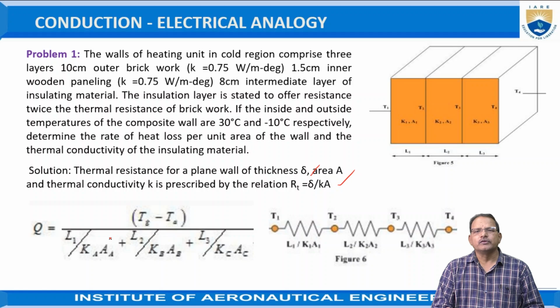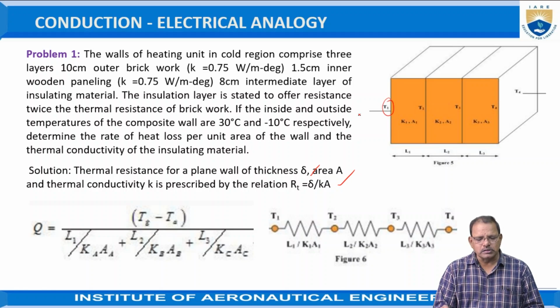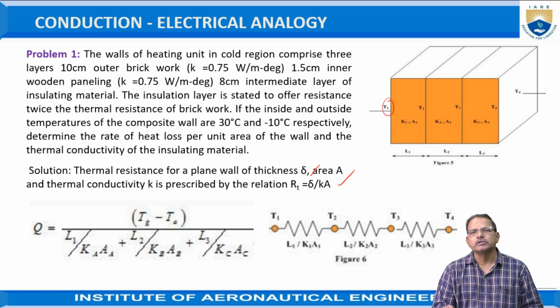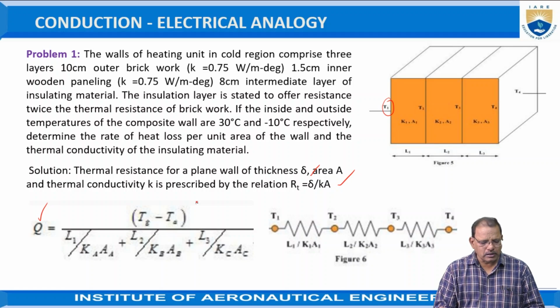From this relation, the total heat energy flowing through the blocks of different layers, from the higher temperature region at 30 degrees to minus 10 degrees, can be represented as Q equal to T alpha minus Ta divided by L1 over Ka plus L2 over Kb plus L3 over Kc. In terms of thermal resistances, the first resistance is offered by the fluid flowing from the hot fluid to the surface.